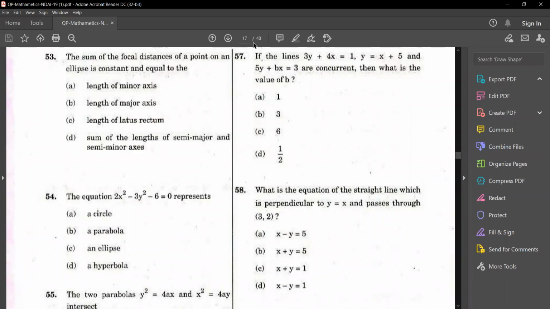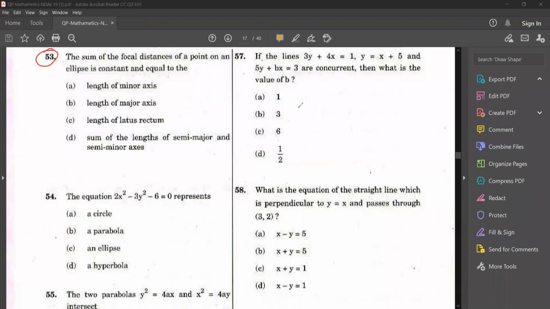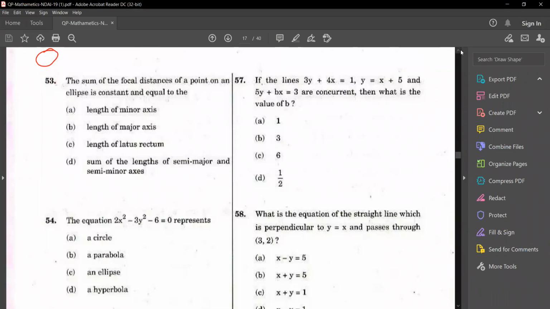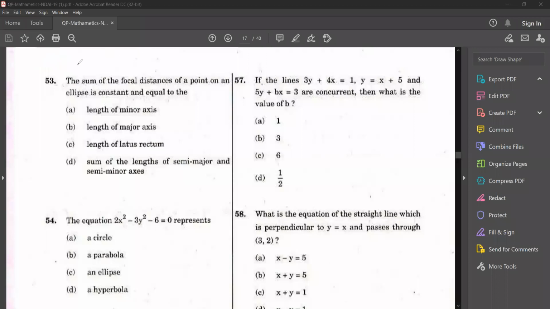See the question number 53. Read the question. Try to answer yourself. Question number 53. Sum of the focal distances of a point on an ellipse is constant and is equal to.